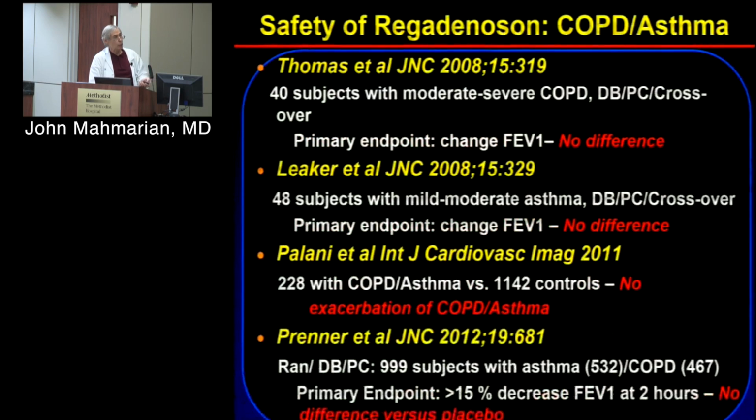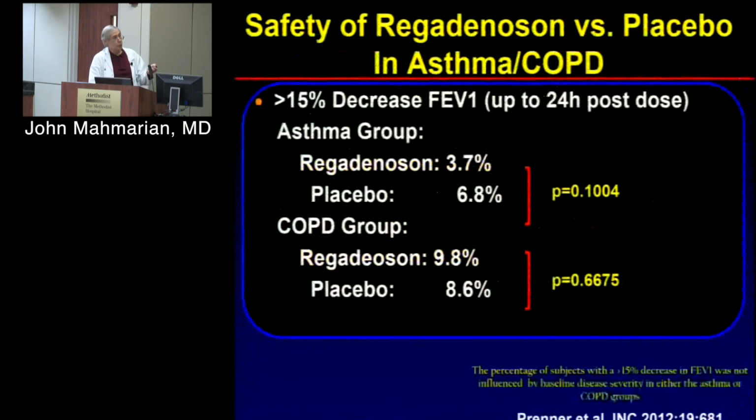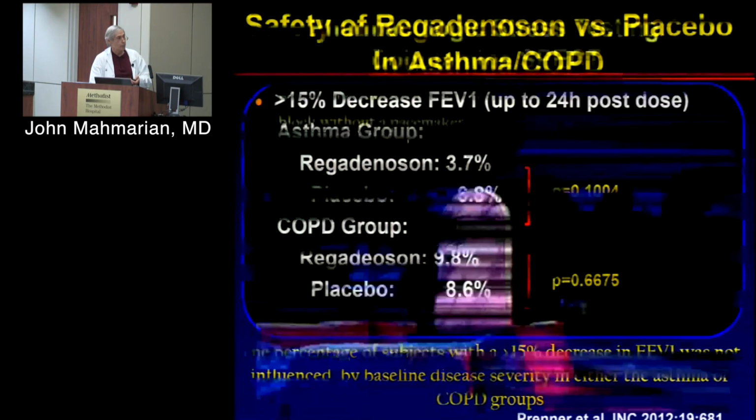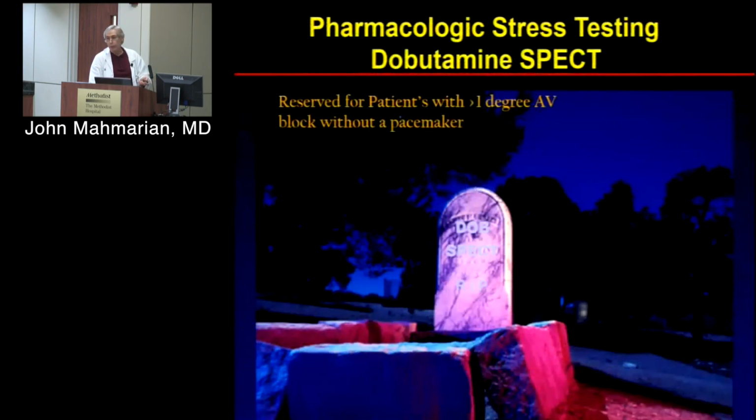There have been many trials showing that, and showing no adverse effects compared to placebo in terms of FEV1 with regadenoson versus placebo in patients with pre-existing lung disease, moderate to severe COPD, and mild to moderate asthma. Dobutamine we don't ever use anymore because there's really no issue. The only people that use dobutamine are the stress echo people.